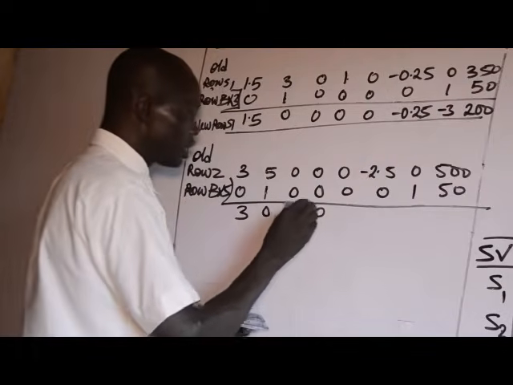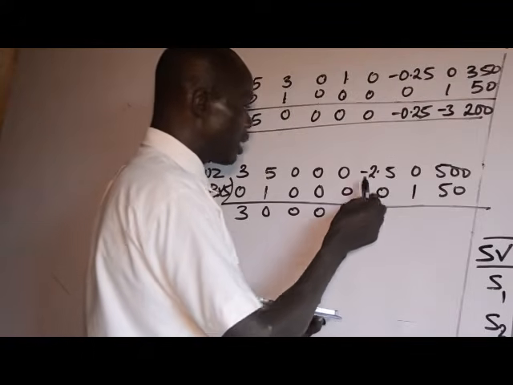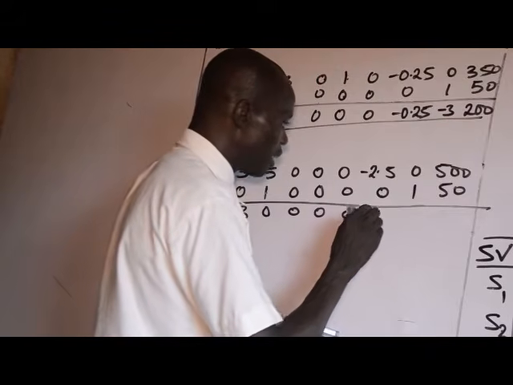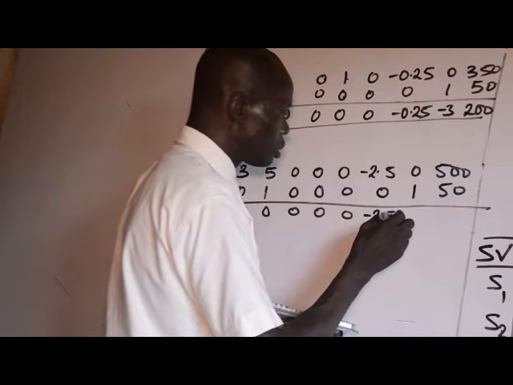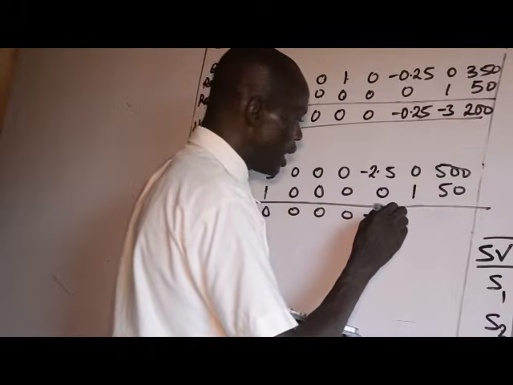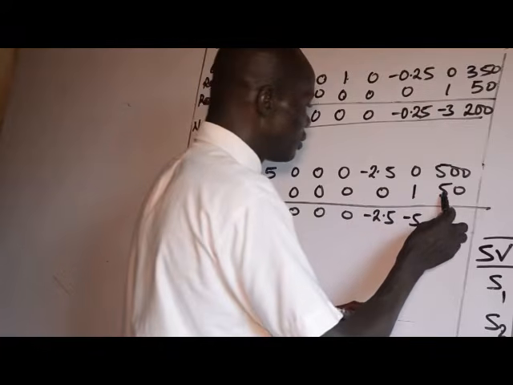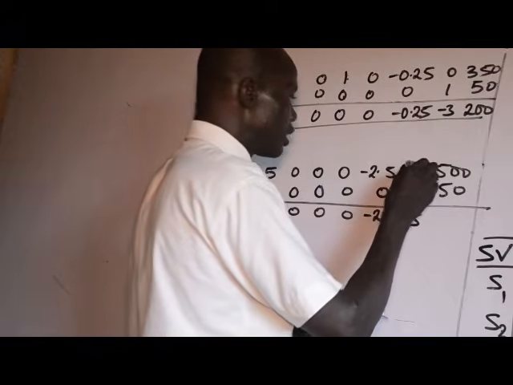This will be 0, 0, 0. This is 0 times 5, it will be 0. Minus 2.5 minus 0 will still be minus 2.5. 5 times 1 will be 5. 0 minus 5 will be minus 5. 50 times 5 will be 250. This is minus 500.